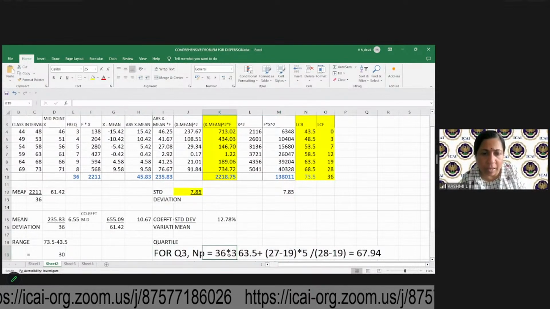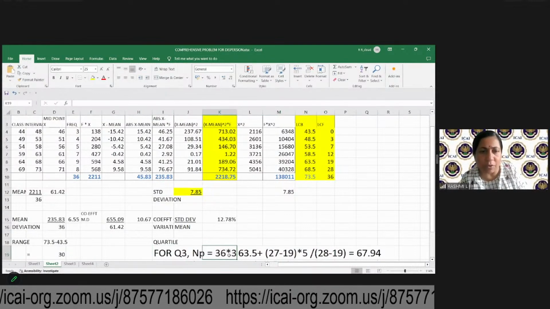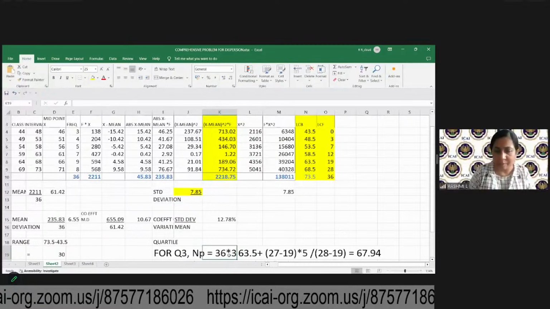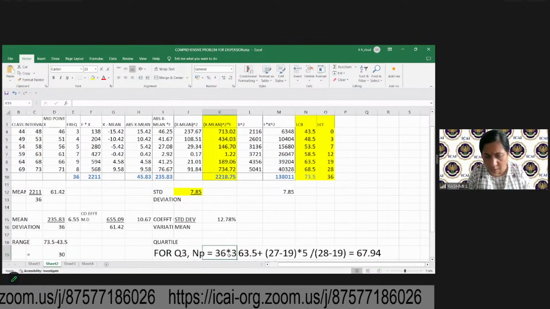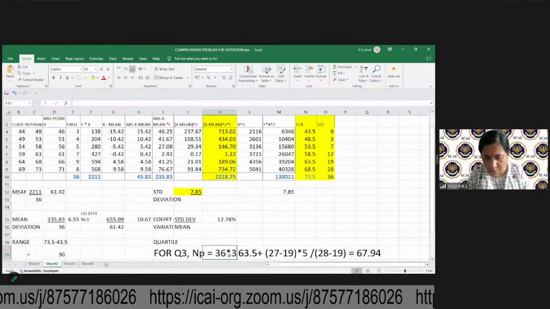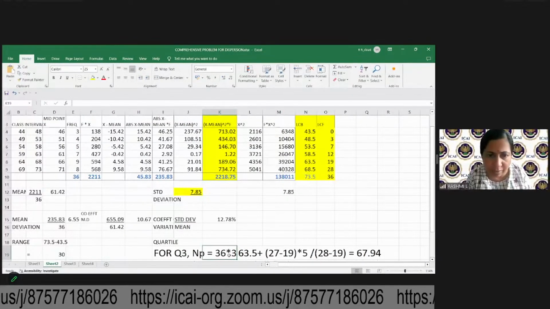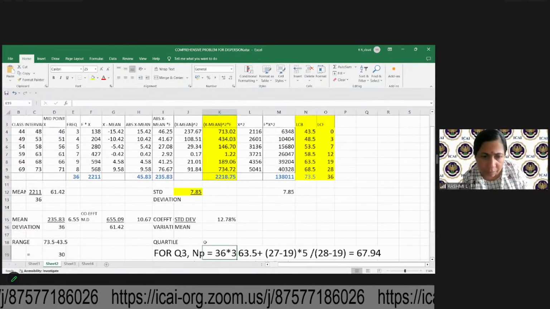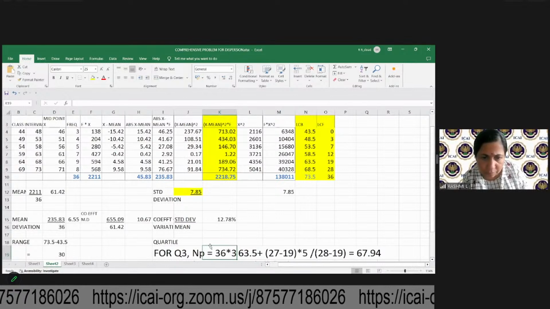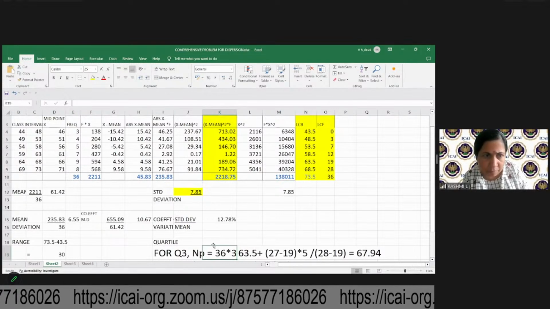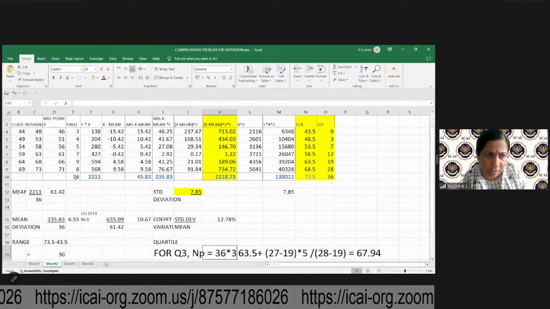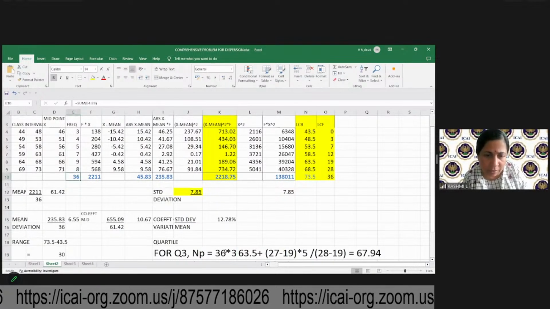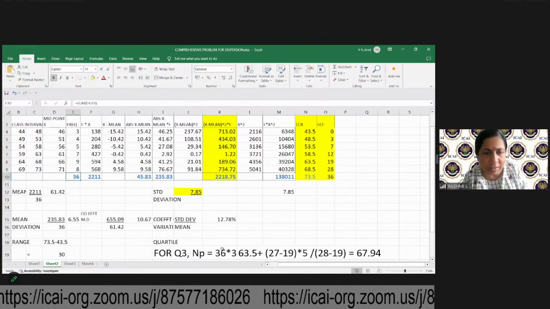So what will NP be? 36 into 3 by 4. How much is that? 36 into 3 by 4 is 27. Here the total frequency is 36 and 36 into 3 by 4 is 27.